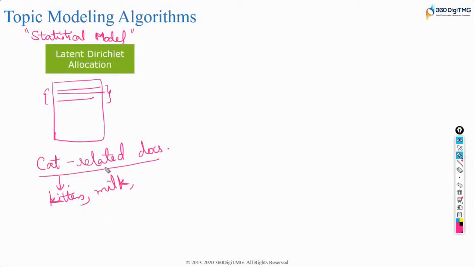You might see kitty, purr, meow. And there are many other words possible when it comes to pet, domestic, maybe rat also, who knows? So all these are words which are related, and these are the kind of words which will have high probability when it comes to cat related documents.